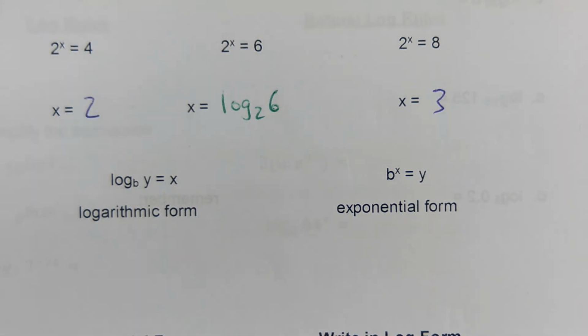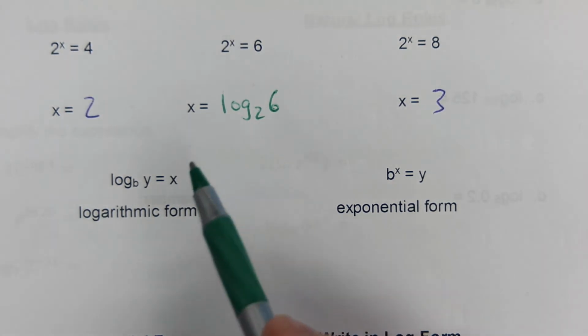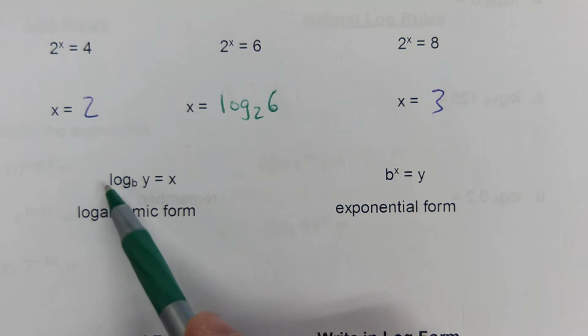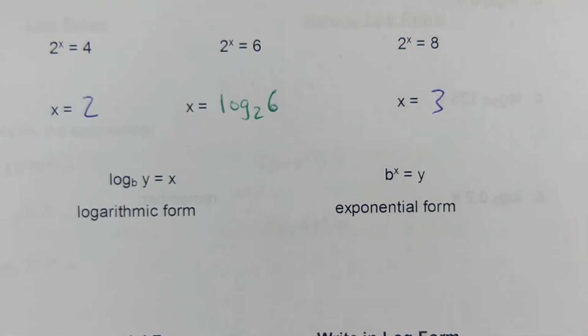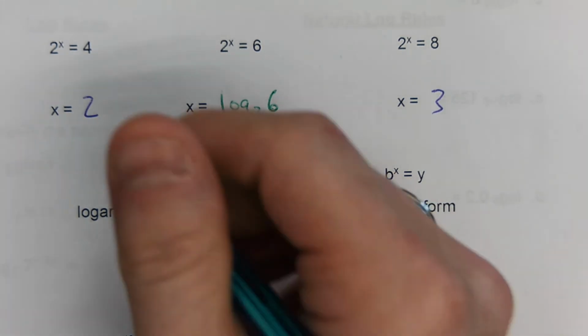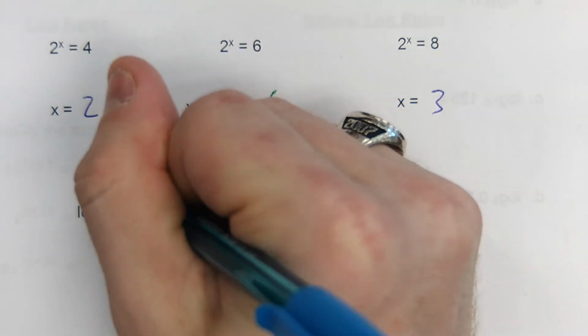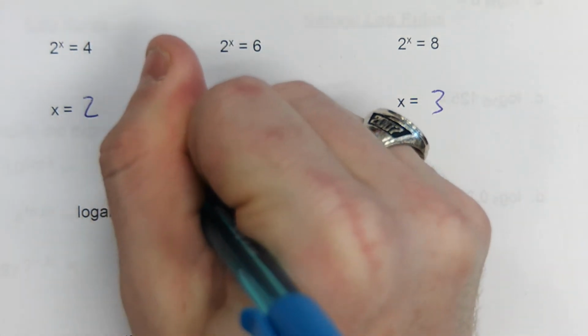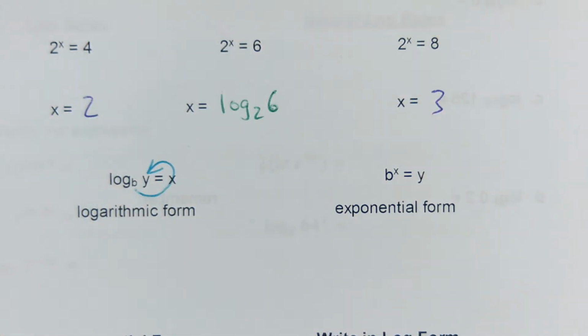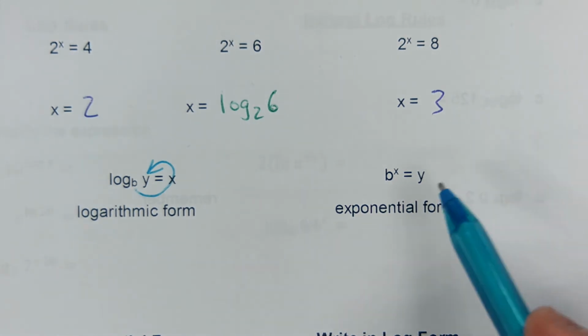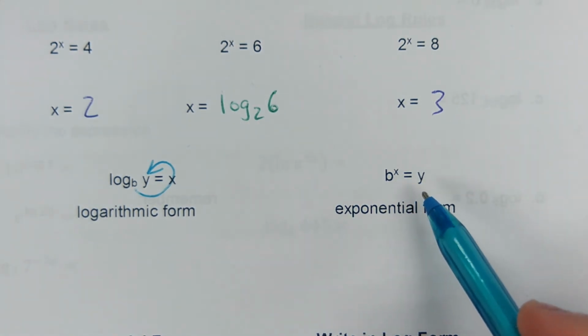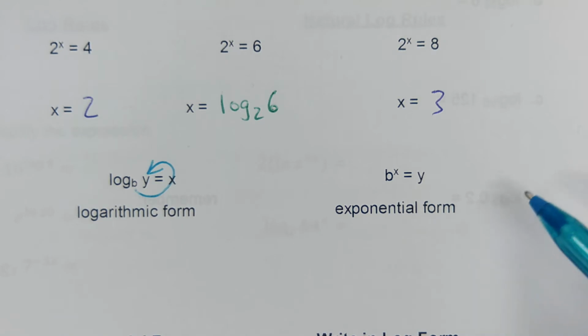A lot of Algebra 2 teachers go, look, if you want to transform this log statement into this exponential statement, all you have to do is draw this arrow and say b raised to the x equals y, which is what that says right there. And they tell you, oh, that's how you move between log form and exponential form.